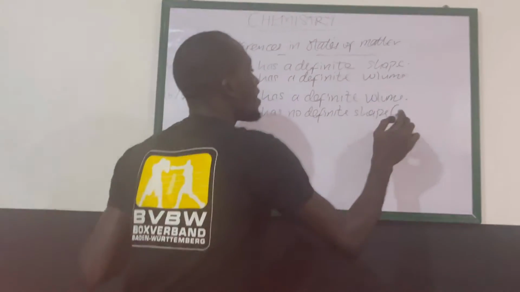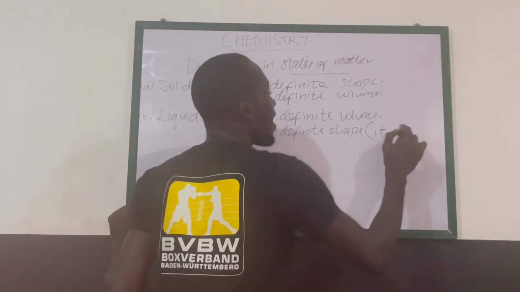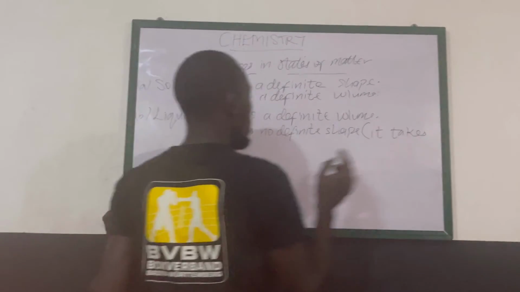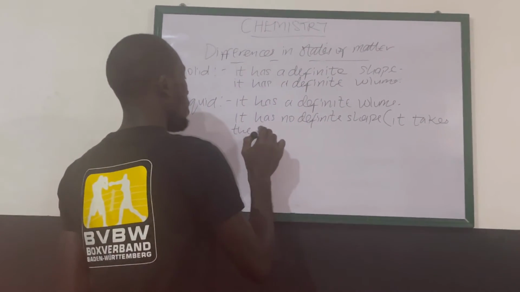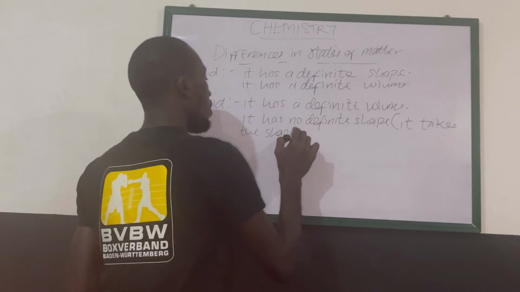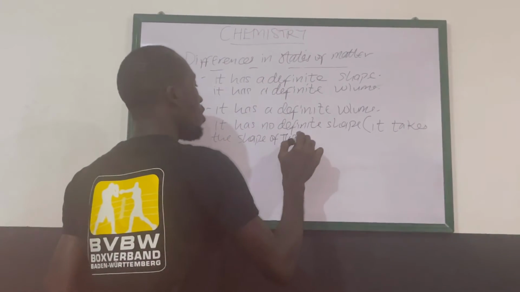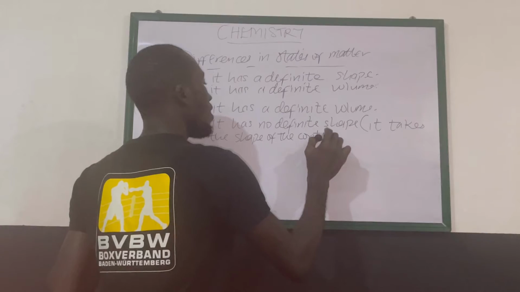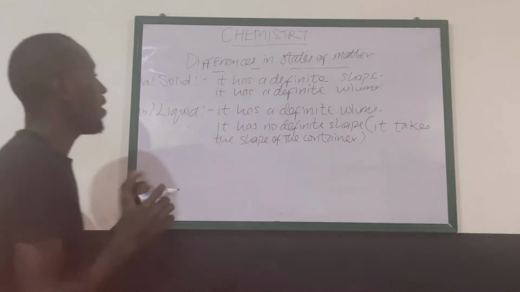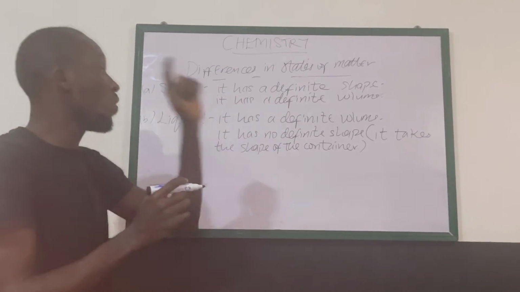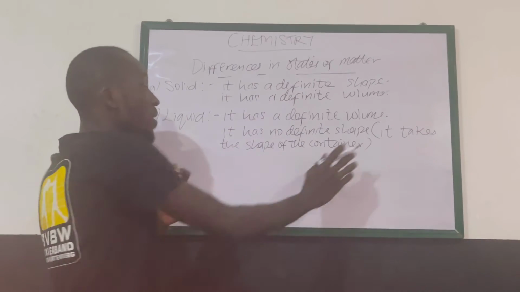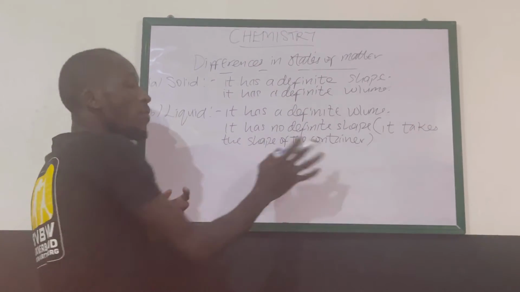What a liquid does is that it takes the shape of the container. You see, it has a definite volume, but it has no definite shape. It takes the shape of the container.